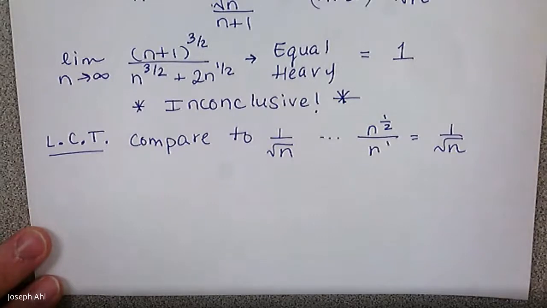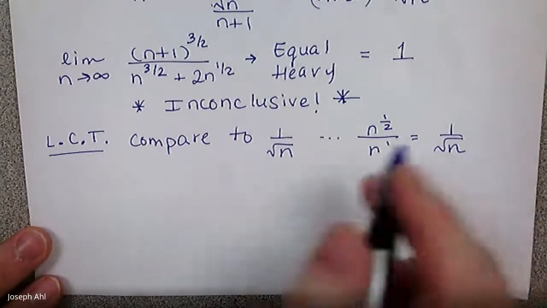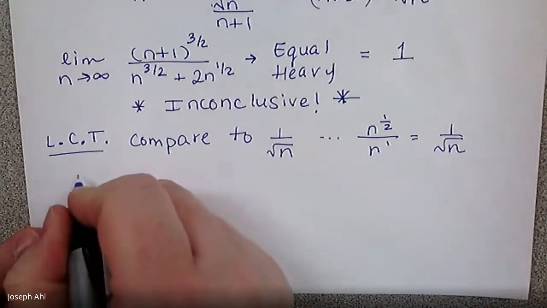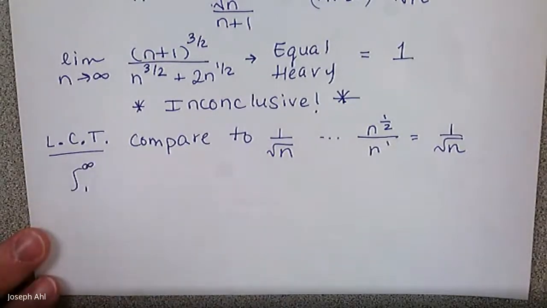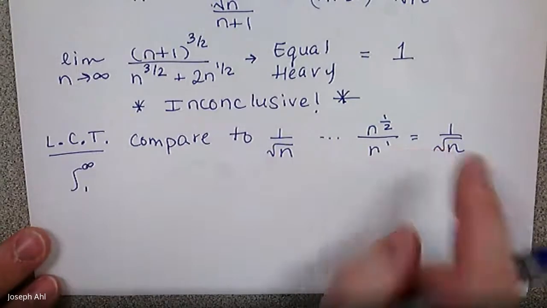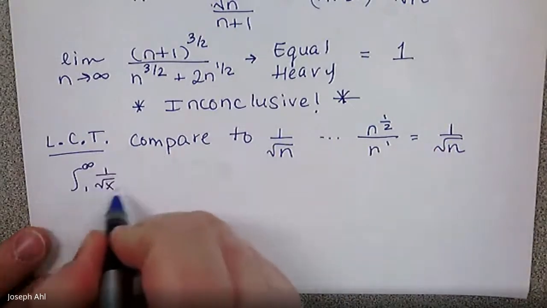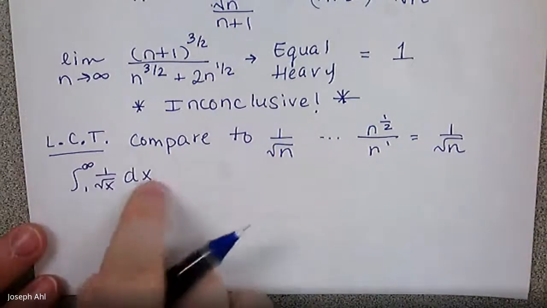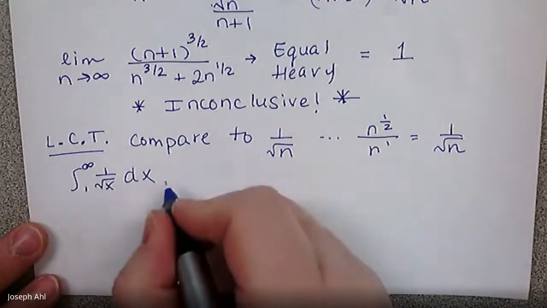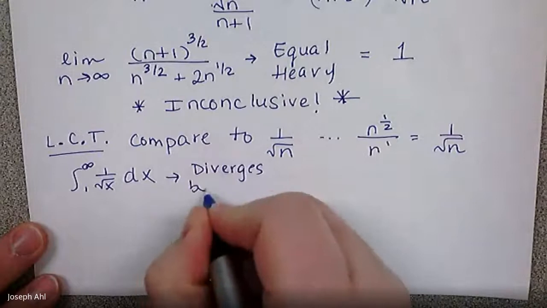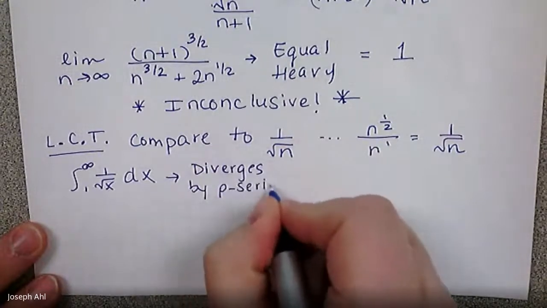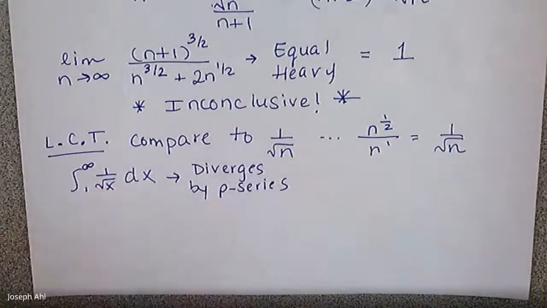So let's talk about the comparison series, which would be the integral from 1 to infinity of 1 over radical x dx. If we're looking at this as our comparison, we know that this diverges by the p-series test. If you review what we've talked about with p-series, if this exponent is less than 1, we know that it's going to diverge.